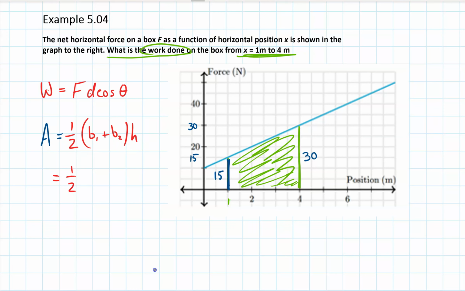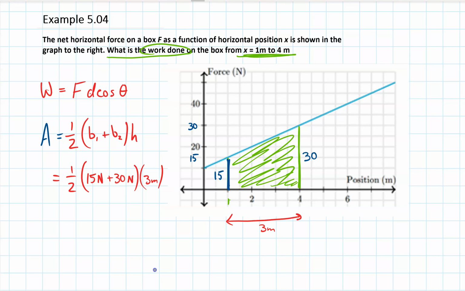I got 1/2. The first base right here is 15, so 15 newtons, plus here I have 30 newtons. And the height, the thing between those, goes from 1 meter to 4 meters, so that is only 3 meters long.